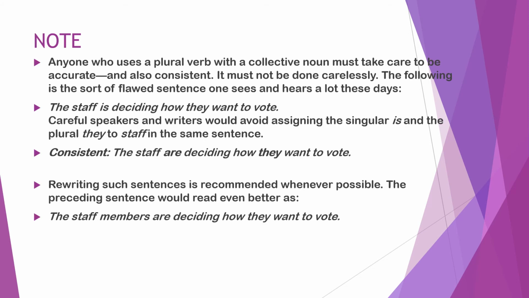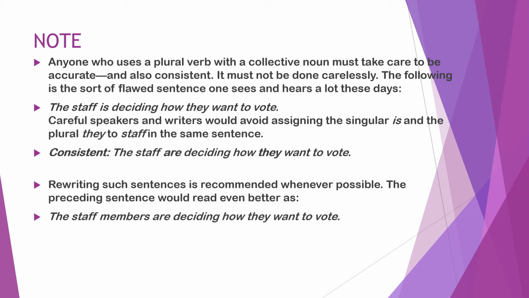Note: anyone who uses a plural verb with a collective noun must take care to be accurate and also consistent. It must not be done carelessly. The following is the sort of flawed sentence one sees and hears a lot these days: "The staff is deciding how they want to vote." Careful speakers and writers would avoid assigning the singular "is" and the plural "they" to the same noun in the same sentence.